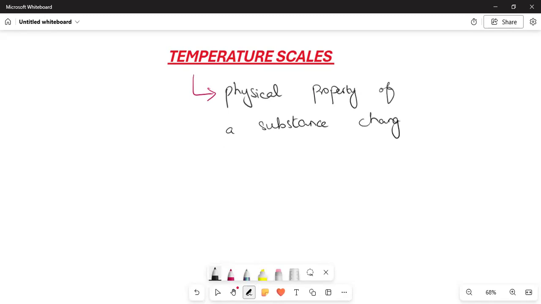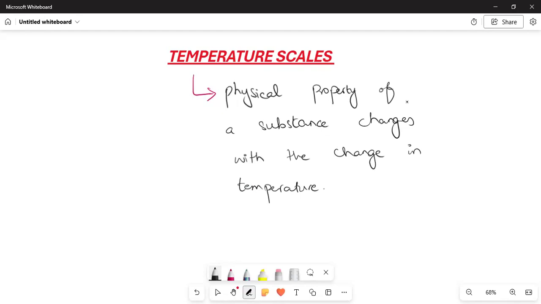So what I'm trying to tell you is that temperature, number of particles, kinetic energy, that's something we can't see, we can't measure. Then how do we measure temperature?